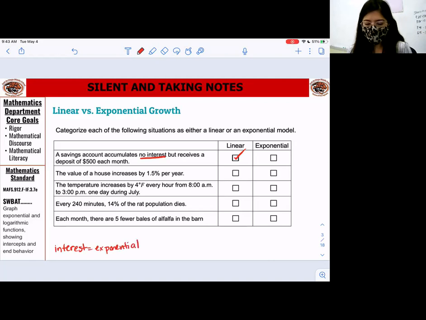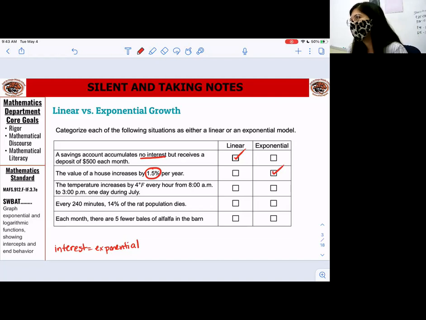Okay, number 2. The value of a house increases by 1.5% each year. Linear or exponential? Good, exponential. What gives it away? This one's easy. Why is it exponential? Good, the percent. Percents are also exponential. Number 3. The temperature increases by 4 degrees Fahrenheit every hour from 8 a.m. to 3 p.m. one day in July.